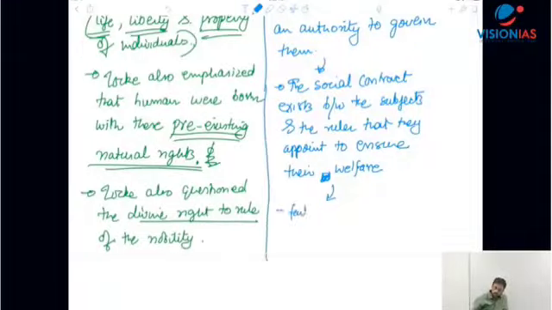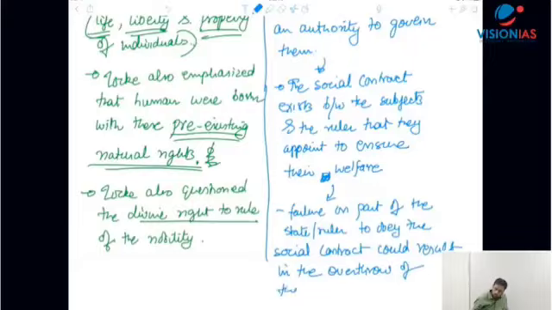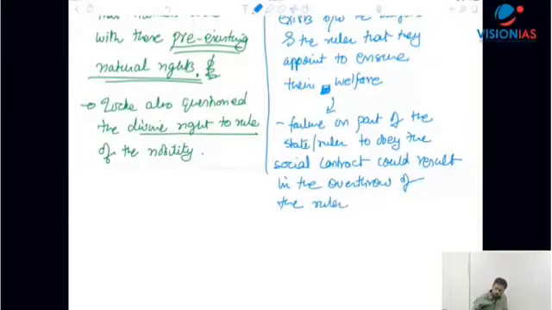Failure on the part of the state or the ruler to obey the social contract could result in the overthrow of the ruler by the subjects.